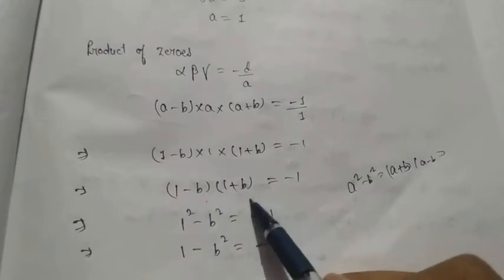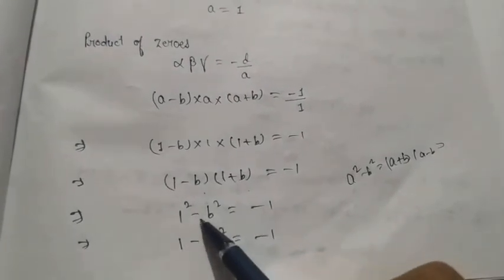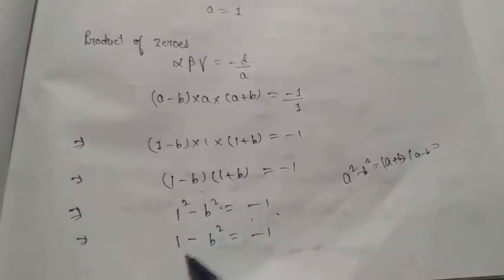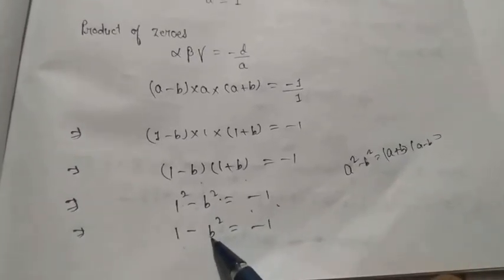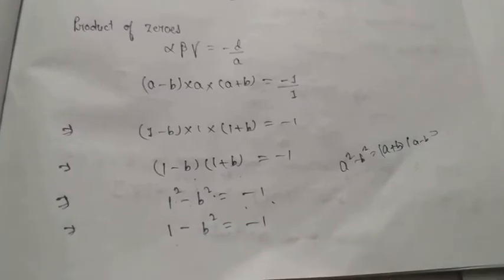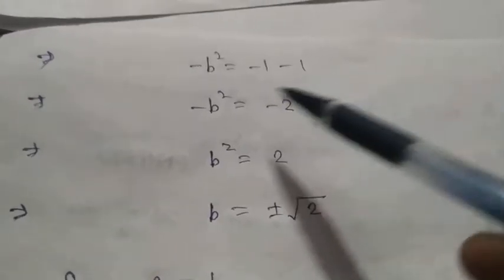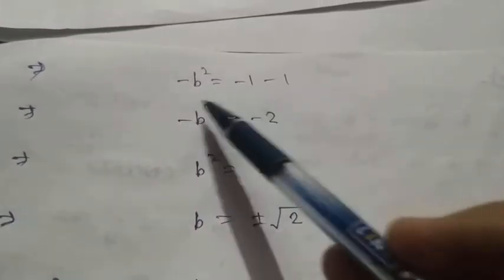I can put the same formula, so that is 1 square minus b square, which is equal to minus 1. Now 1 square will be 1 and b square will be b square, so 1 minus b square is equal to minus 1.